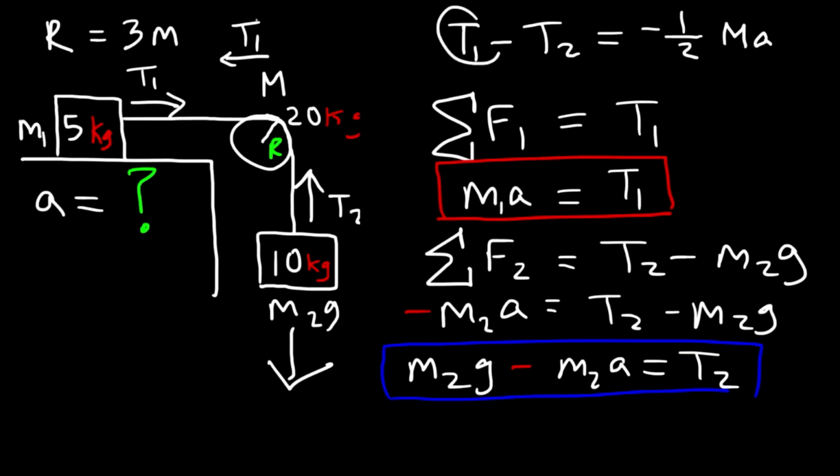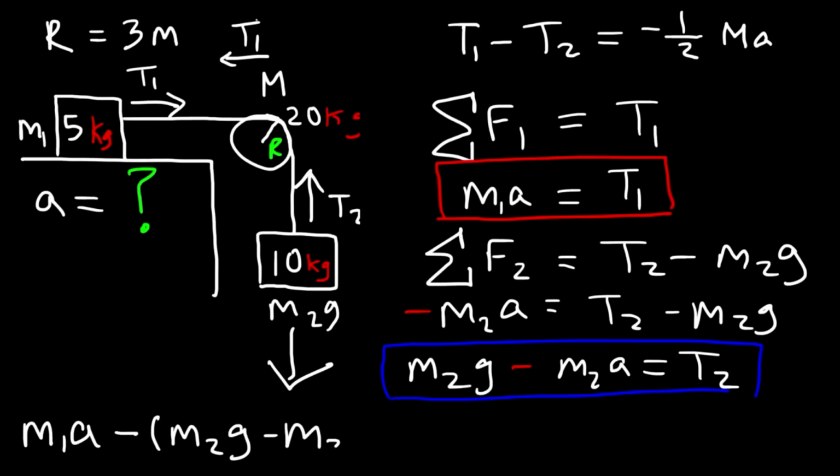So now let's replace T1 with M1A, and then minus T2, which is this stuff here. So let's put that in parentheses. So that's going to be minus M2G minus M2A.